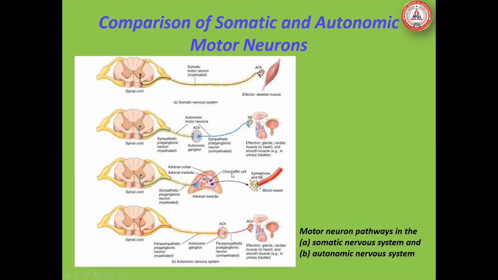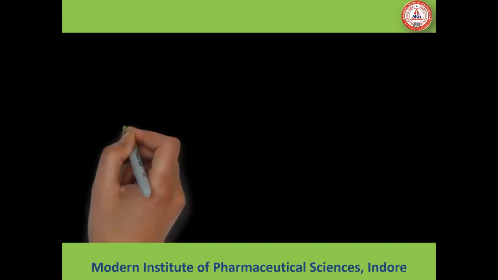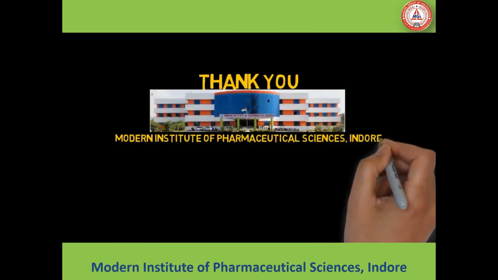So again, two neurons are involved: the preganglionic neuron, myelinated, then the autonomic ganglia, unmyelinated, and the effector: gland, cardiac muscle, and smooth muscle. So these are the major differences between the somatic and the autonomic nervous systems. Thank you very much.